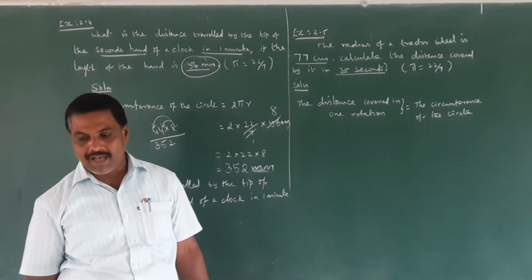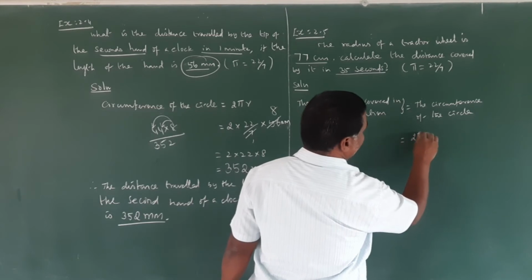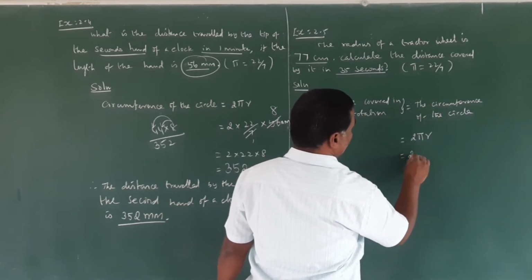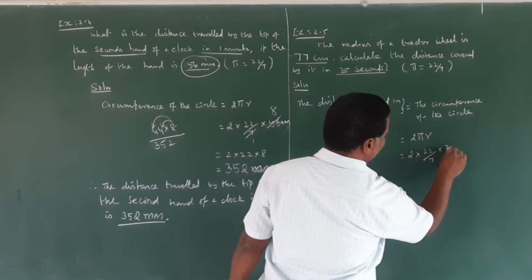Now, circumference of the circle equal to 2πr. Now, 2 into 22 divided by 7 into 35.